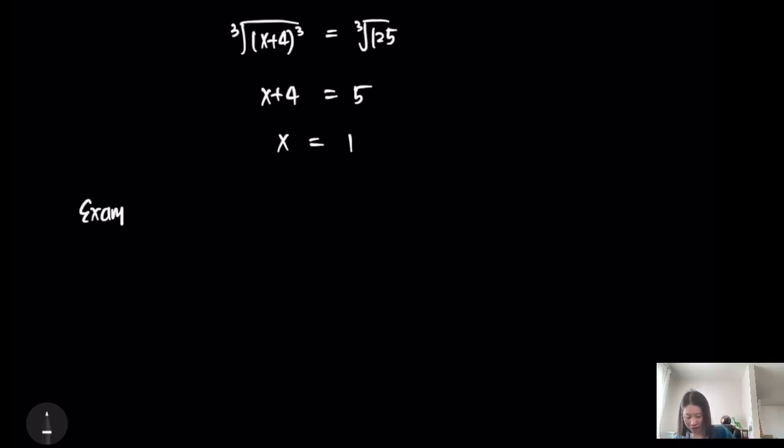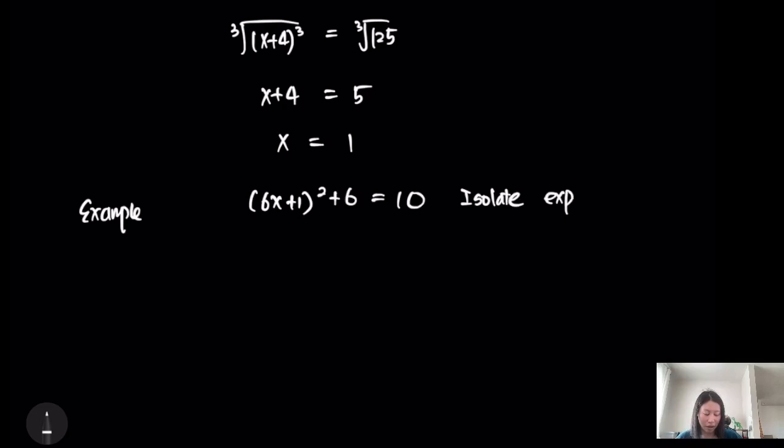Here is another example. (6x + 1)² + 6 = 10. Always the first step is to isolate the exponent or the radicals, like what we did in the last videos. Isolate the exponent. By doing that, I need to subtract 6 on both sides.